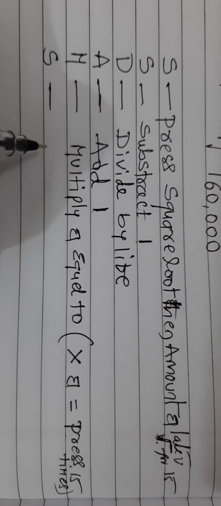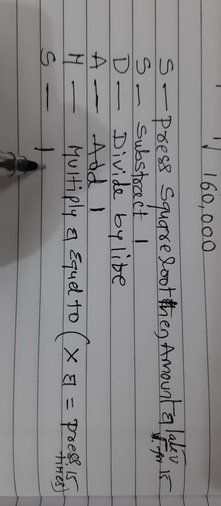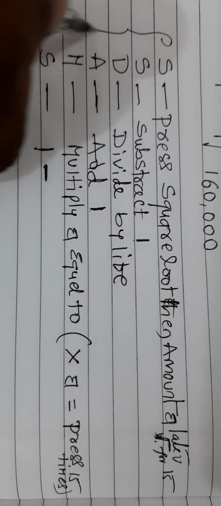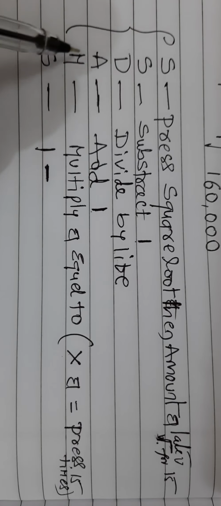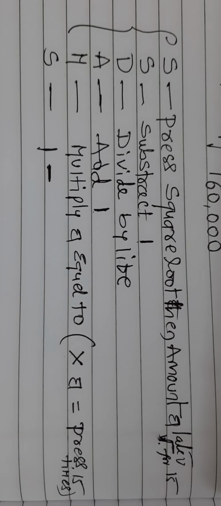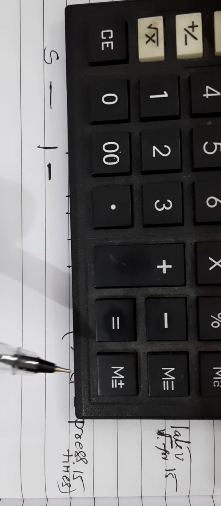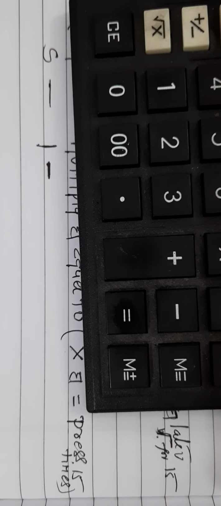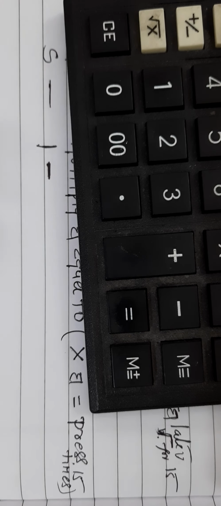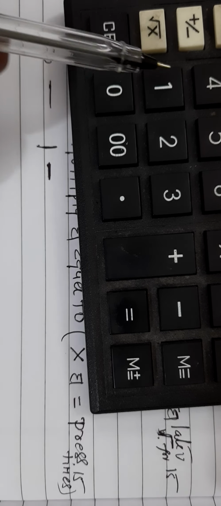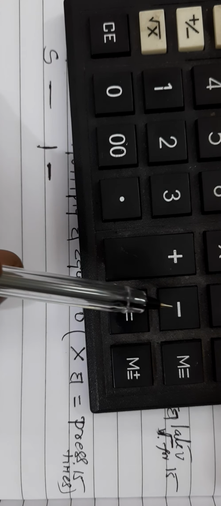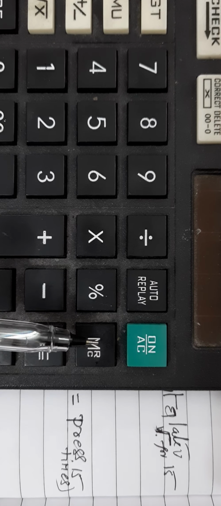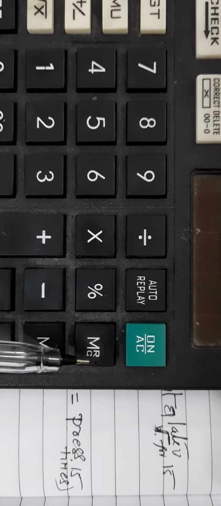Now 1 minus this result. This result you store in the M plus of the calculator. Then your screen will be blank. Then 1 minus, you press MRC. MRC means memory recall.